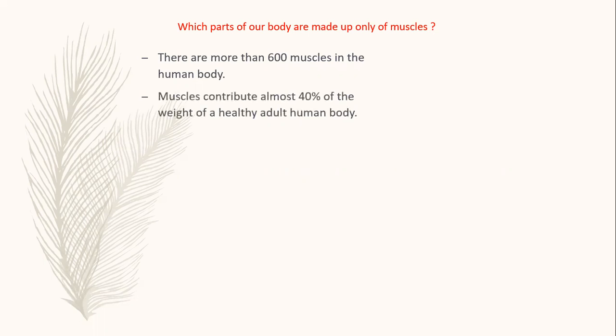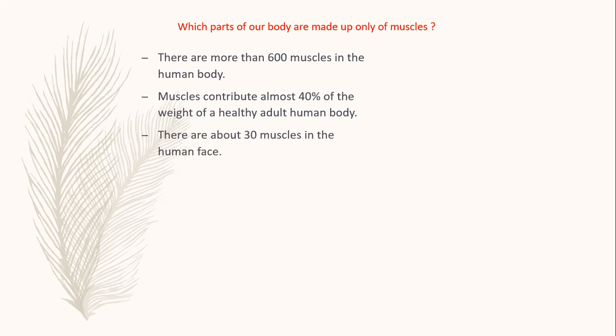These muscles contribute around 40% of the weight of an adult human body. When we say adult human body, that means the body of a person who is an adult, like your mother or father. The muscles present in their bodies contribute about 40% of the total body weight.